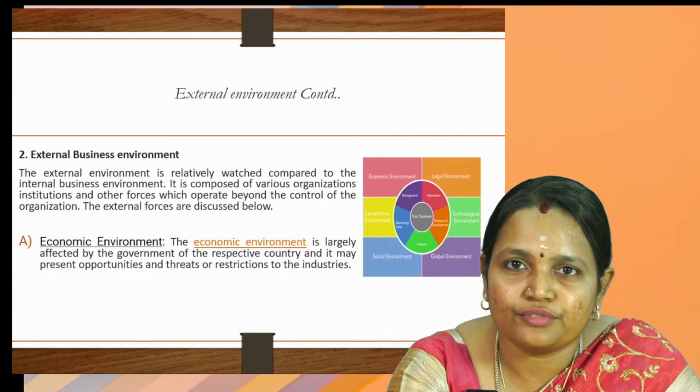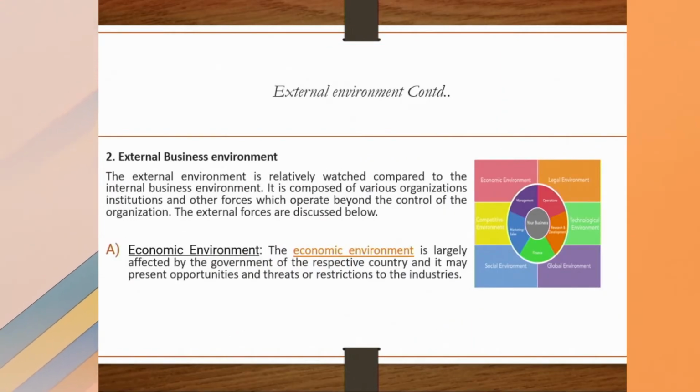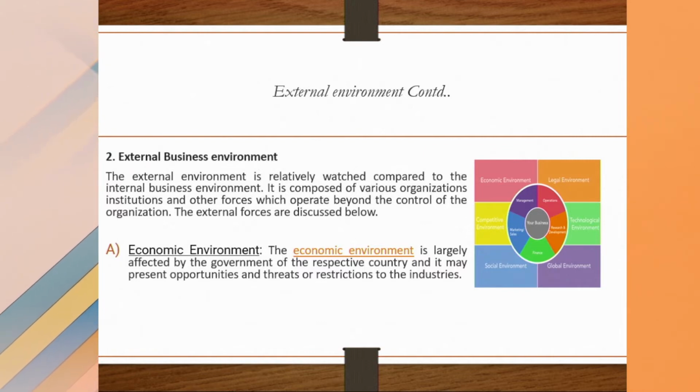Number one among the external environmental factors is the economic environment, with factors such as the economic condition of the whole nation. Sometimes the international economy even plays a very vital role in shaping a business. Similarly, the employment opportunities created in a nation and the exchange rates fixed by the banks of the nation.